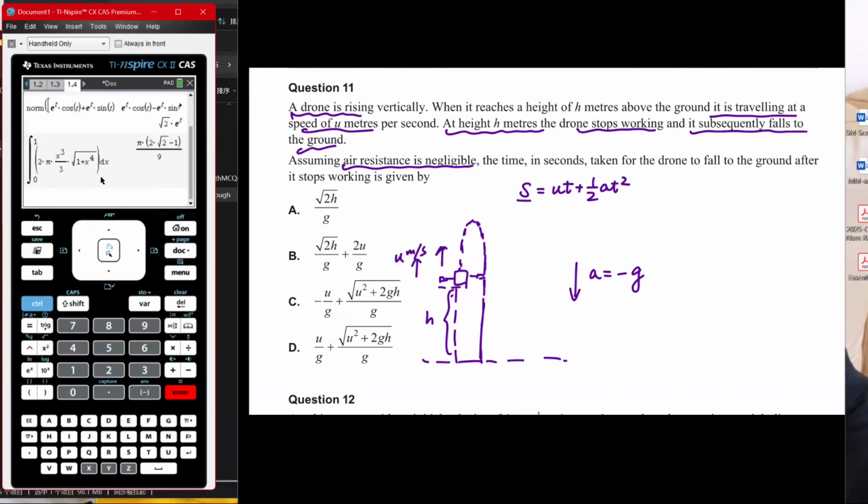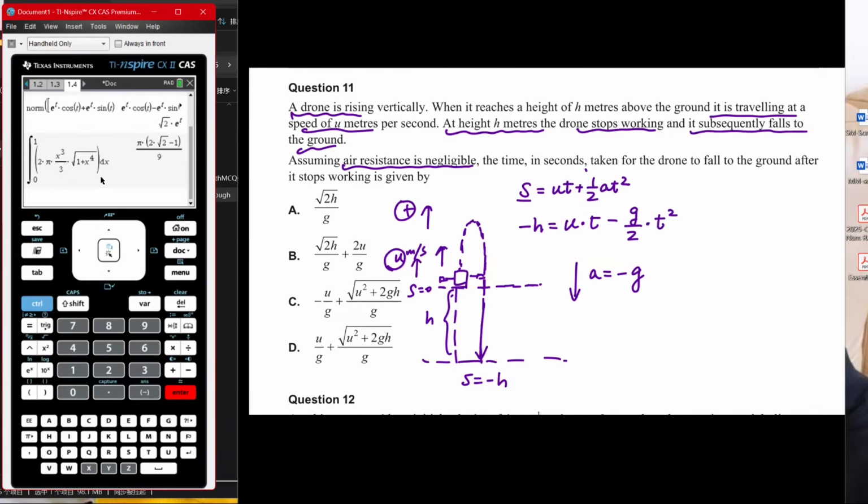In this case, if you set your initial position as your zero displacement, then this is s equals 0, and the ground is s equals minus h, because you can take upwards as positive. So you use SUVAT, and you have minus h equals u times t, plus half times minus g, minus half g times t squared.